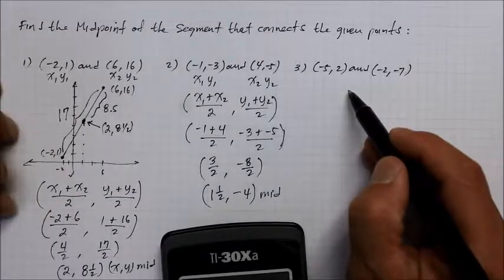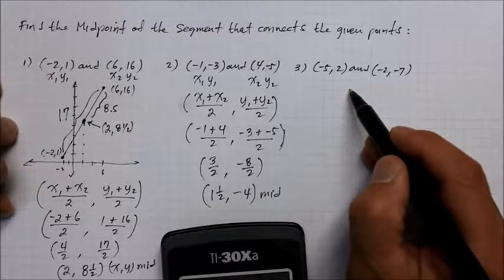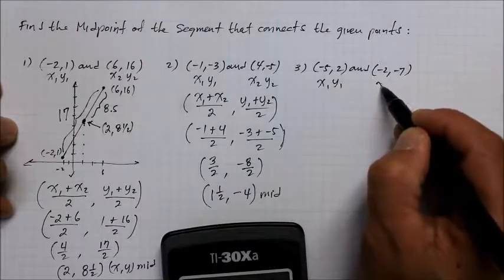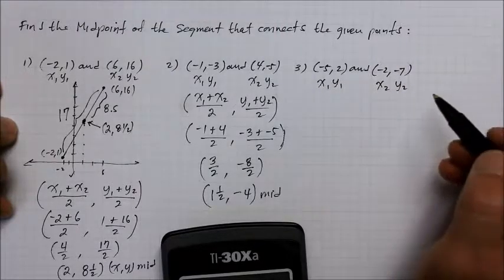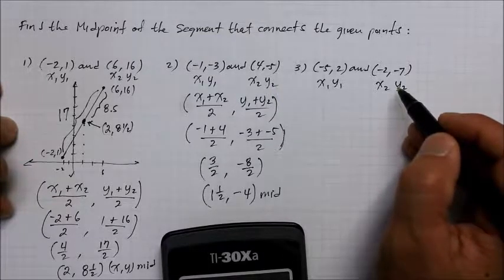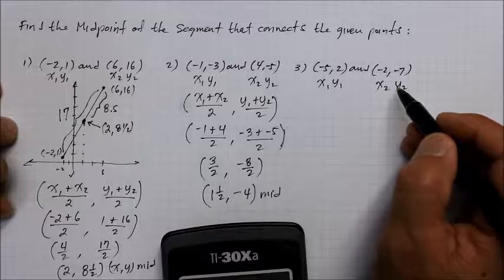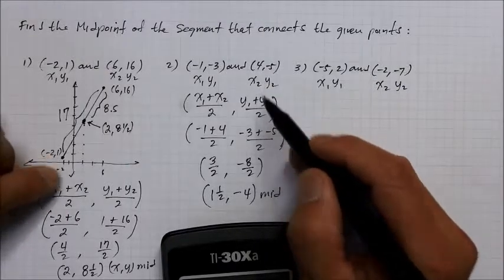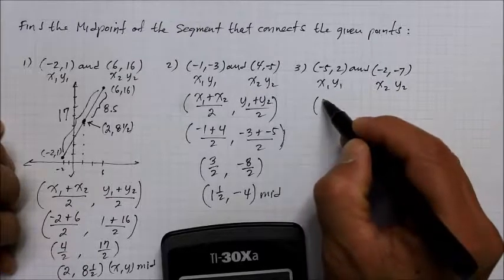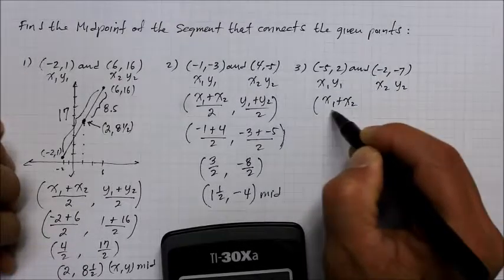And finally, number 3, what's the first thing you should do? Yeah, label them x1, y1, x2, y2. Remember, mathematics is all about patterns, so I would consistently use the same way of doing things as well. So the formula is x sub 1 plus x sub 2 divided by 2.